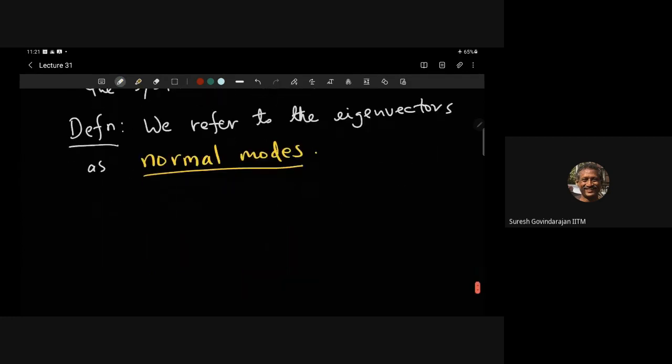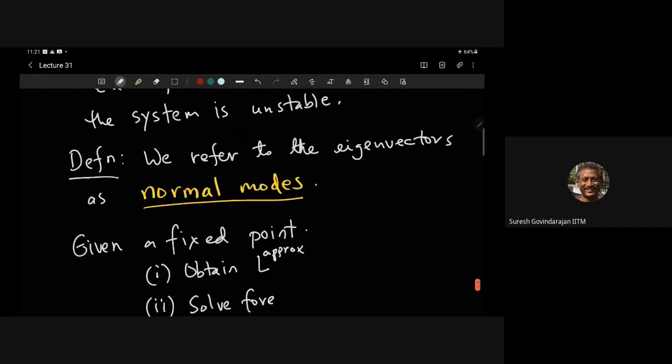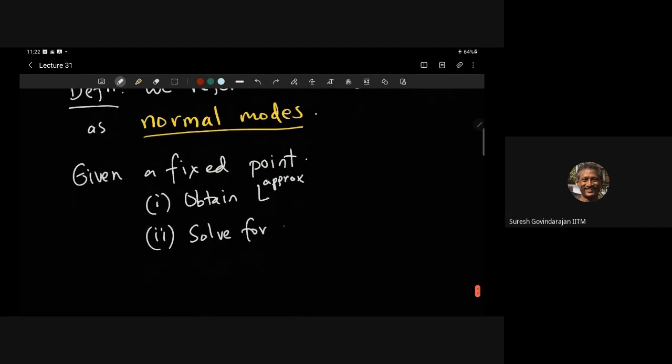Given a fixed point, we do the following now. I'm just repeating what we did. Obtain L-approx. Next step is solve for omega I. Check their sign.